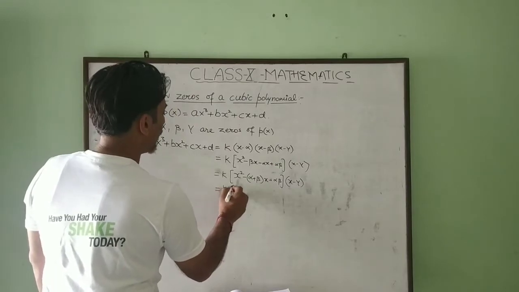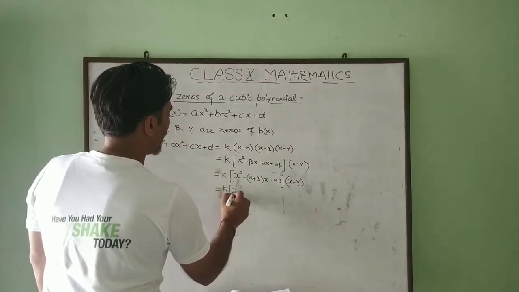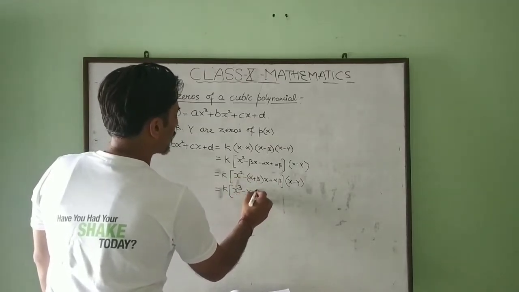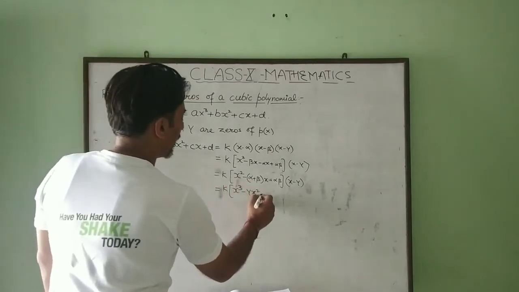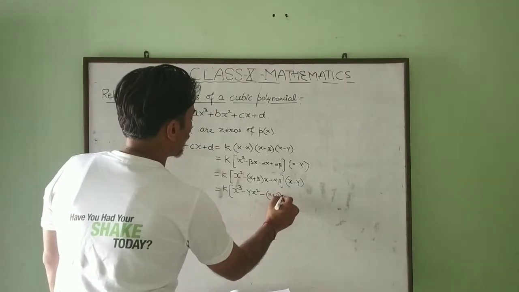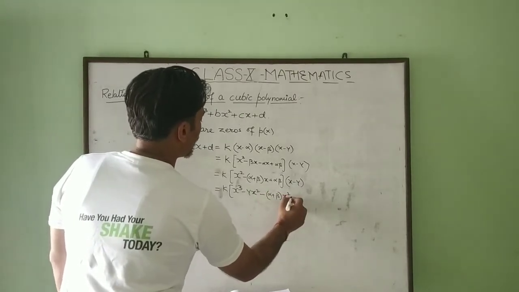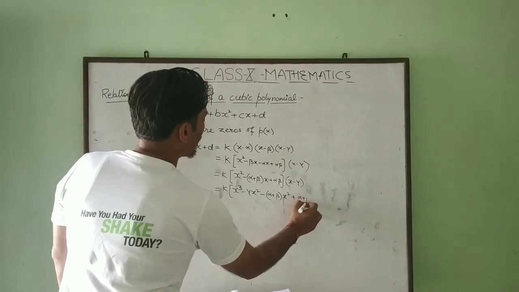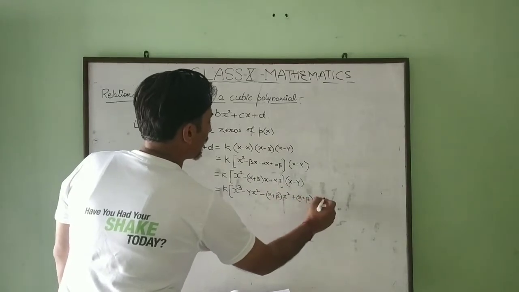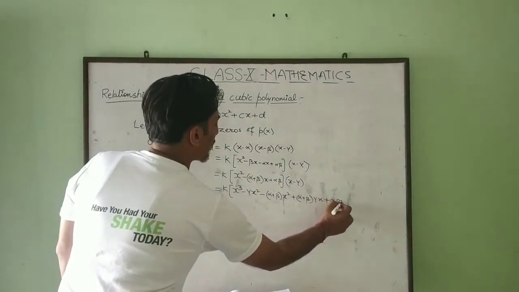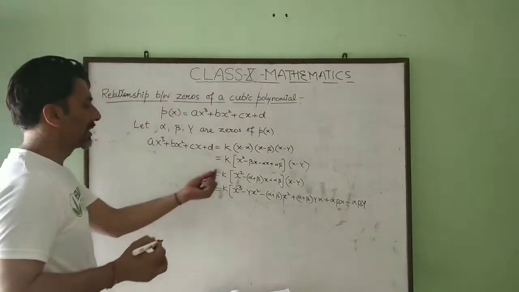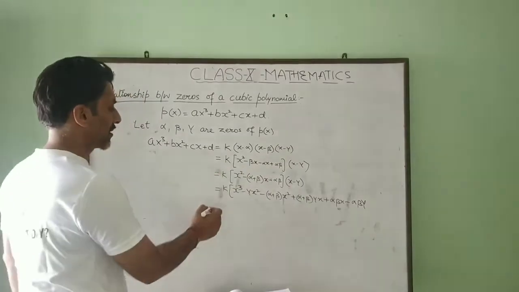Now if I multiply, I'll get x cube minus gamma x square, then minus (alpha plus beta) x square, and plus (alpha plus beta) gamma x, and the last one is alpha beta x minus alpha beta gamma. I have simply multiplied these three factors.